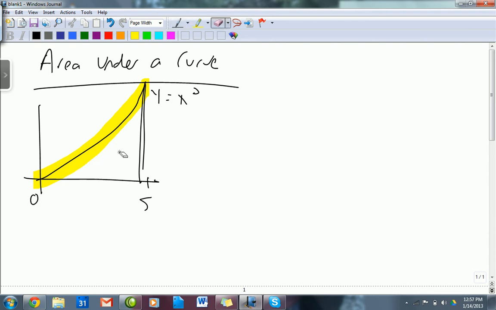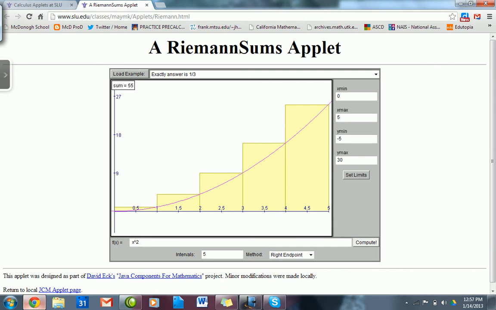Let's first look at this applet that I think will be helpful, and it's from St. Louis University, which is really a great little applet they've created. In this applet, we're able to see how we move from an approximation of that area from 0 to 5 underneath the squared function. Here we're just using 5 rectangles.